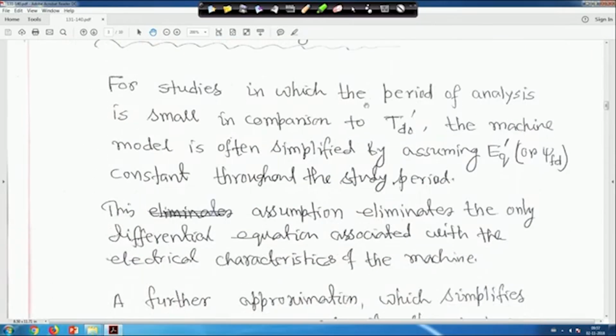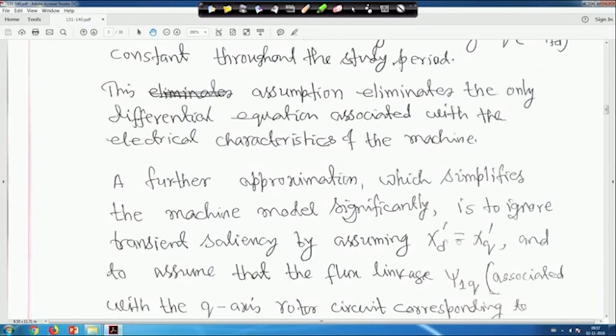For studies in which the period of analysis is small in comparison to TDO dash, the machine model is often simplified by assuming EQ dash, or psi FD, constant throughout the steady state period. This assumption eliminates the only differential equation associated with the electrical characteristics of the machine.